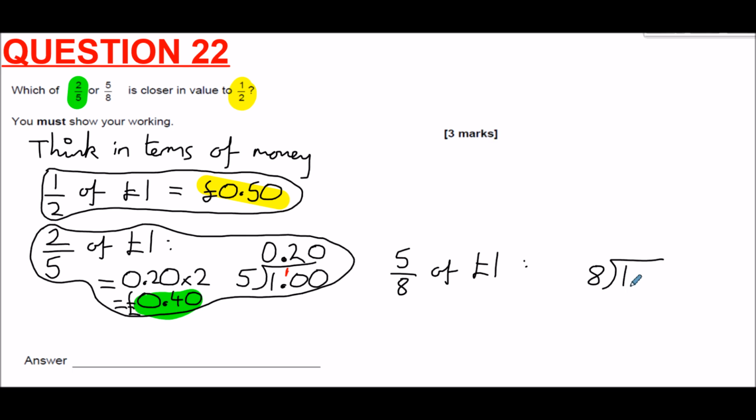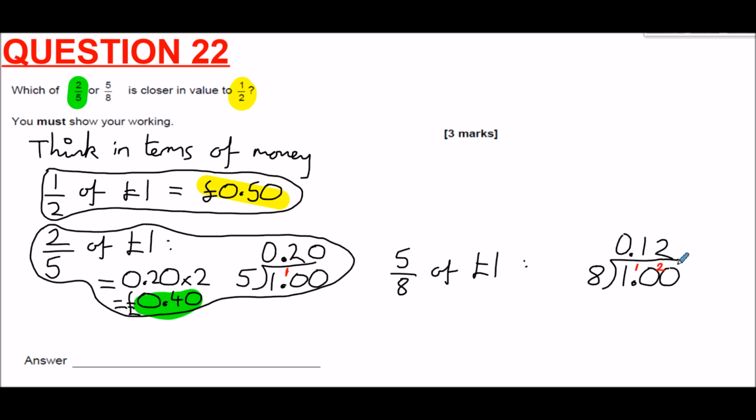So how many 8s fit into £1? Well, 8s into 1 doesn't go, so the remainder, yet again, is still all of that 1, which hasn't been used. 8 into 10 now goes once, with 2 left over. 8 into 20, well, 2 8s are 16.